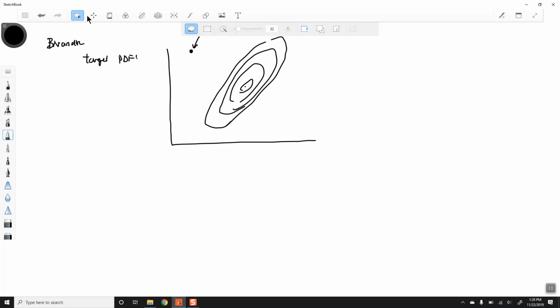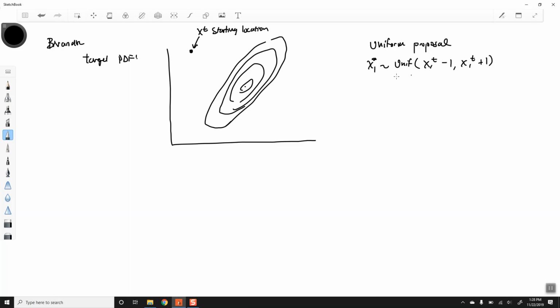As far as my proposal, let's say I use the uniform proposal again, okay? So x1 star will come from uniform of x1t minus 1 to x1t plus 1, and same with x2 star from x2t minus 1 to x2t plus 1, okay?